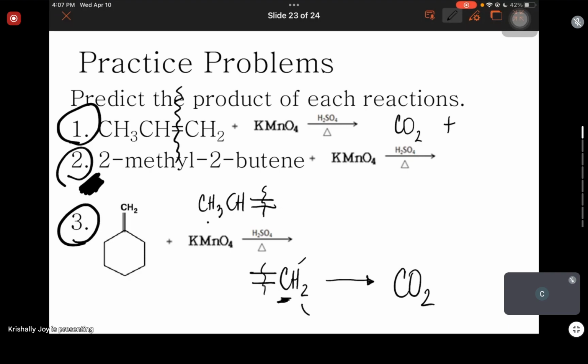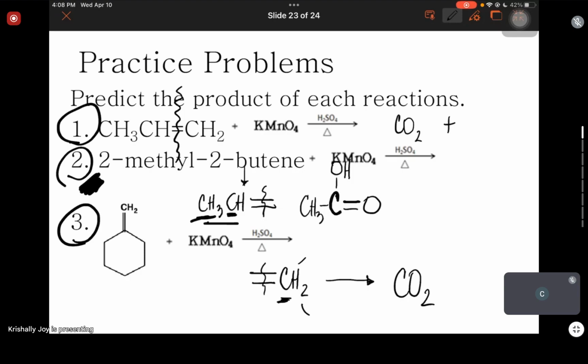What will happen to the other cleaved portion? Look, in the other cleaved portion, the carbon has a hydrogen, and the other is an R group. So automatically, it becomes a carboxylic acid. That hydrogen becomes OH. The cleaved portion, make it into its oxidized form.